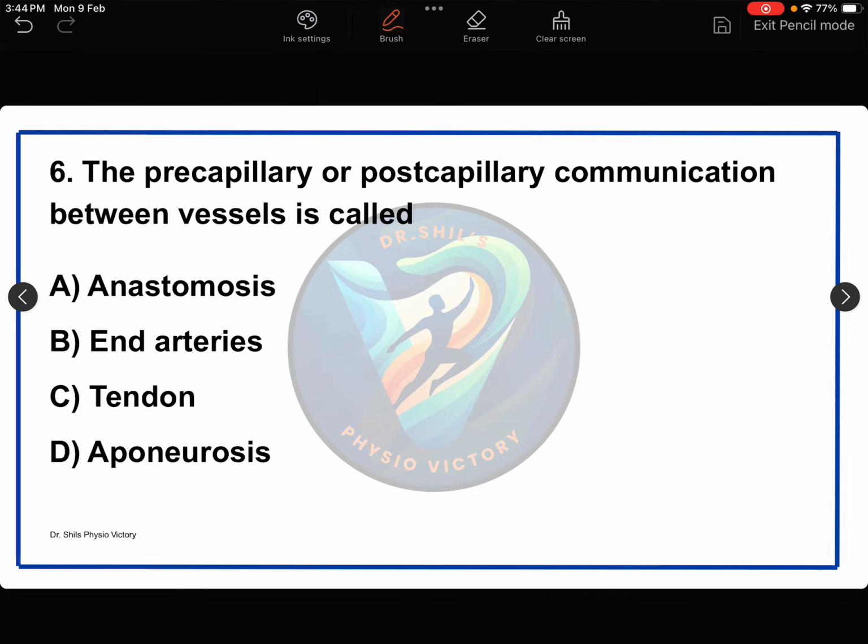Next, come to question number 6. The precapillary or postcapillary communication between vessels is called option A anastomosis, option B end arteries, option C tendon and option D aponeurosis. Here the correct answer is option A anastomosis. Anastomosis is communication between two arteries or two veins.